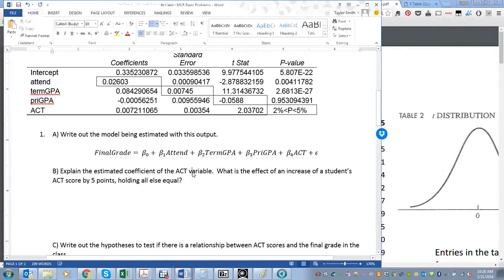Okay, so that there is your model that's being estimated with the output. That is kind of your population regression equation. Also, we usually refer to that as our model.